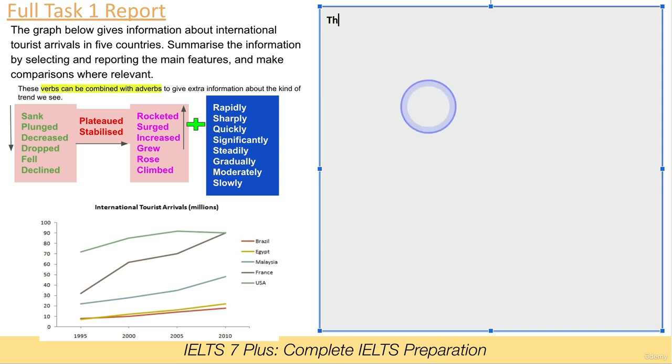Okay, so we can say the question says the graph below. Let's be more specific. The line graph below, and then we have gives information. Perhaps we can say something like provides data on the topic of, okay, now we have international tourist arrivals. What's another word for international, perhaps?